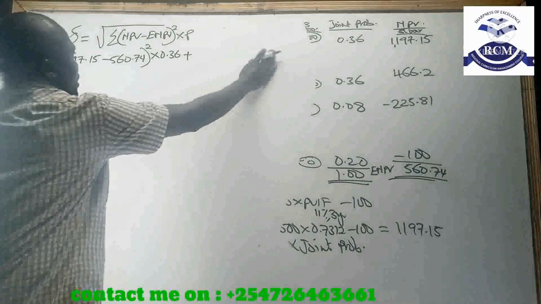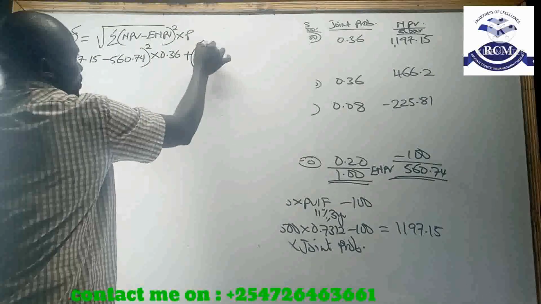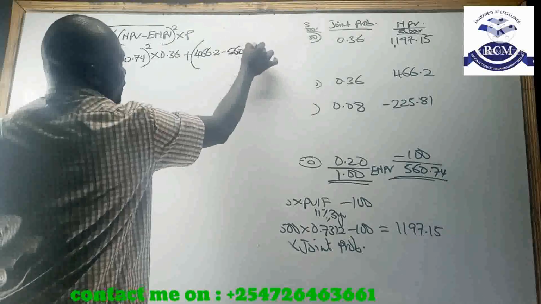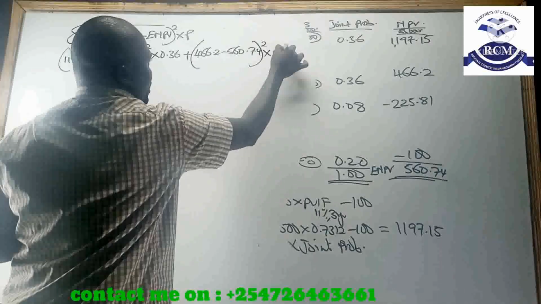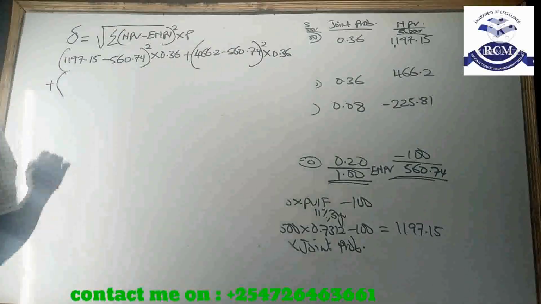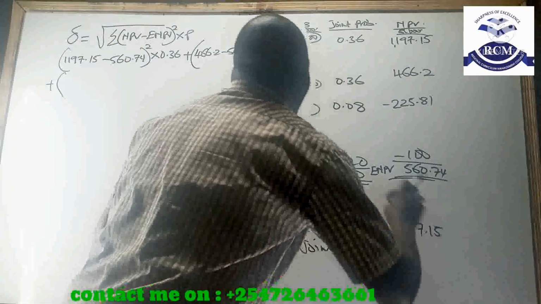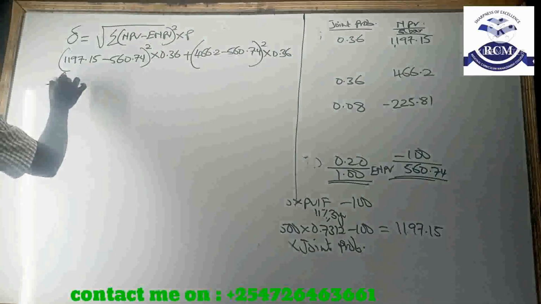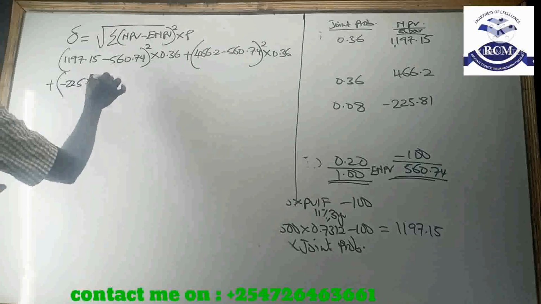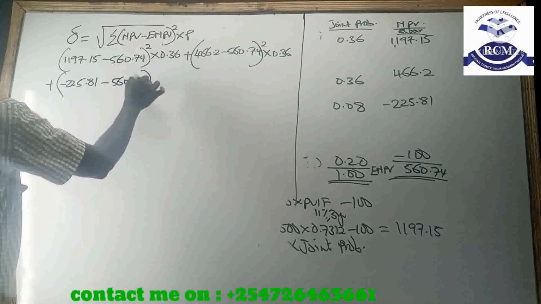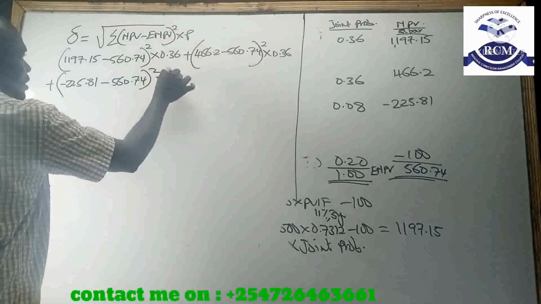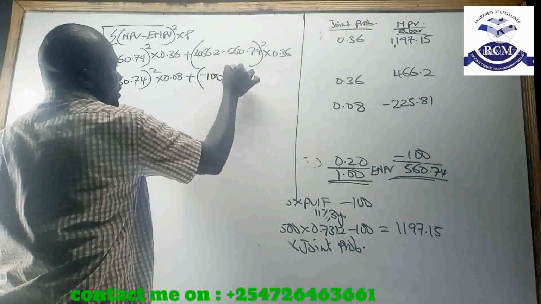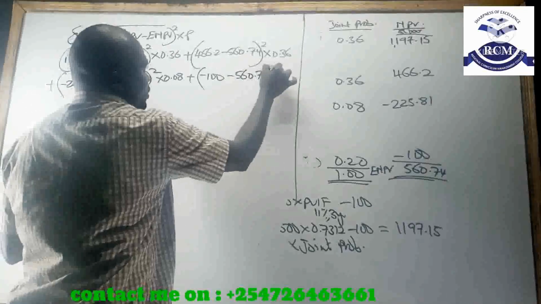Plus the second one, 466.2 minus expected NPV of 560.74 squared with a probability of 0.36. Plus the third one, negative 225.81 minus 560.74 squared with a probability of 0.08, then plus negative 100 minus 560.74 squared times 0.20.